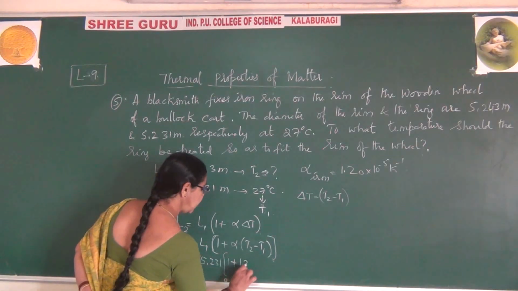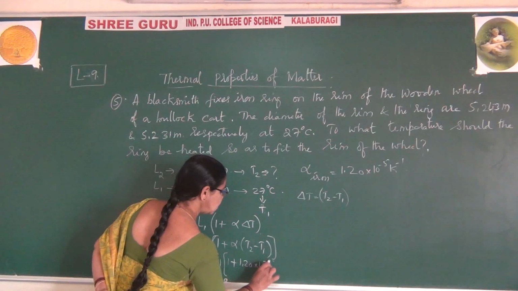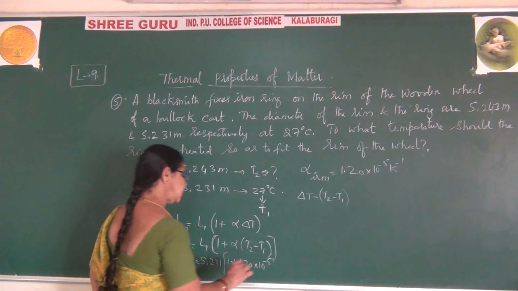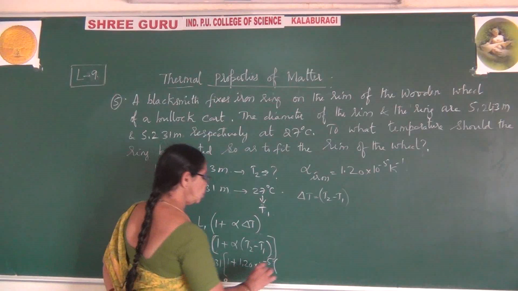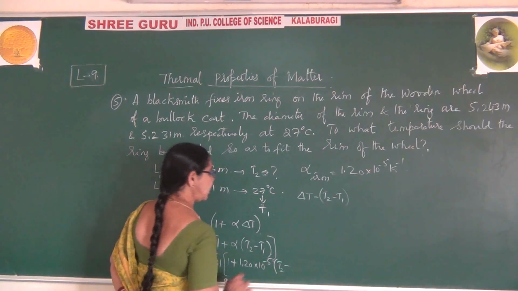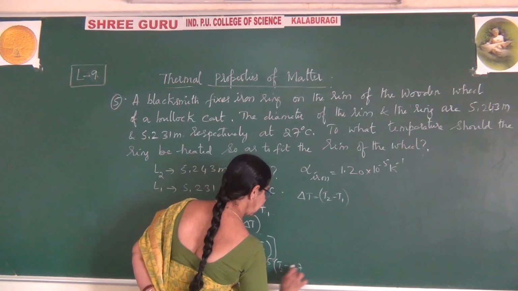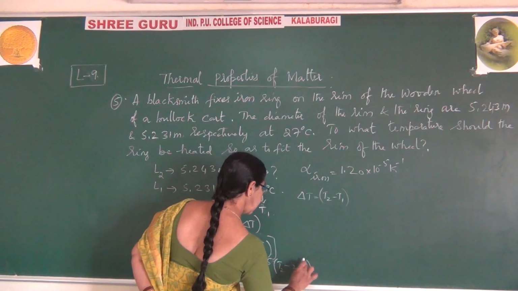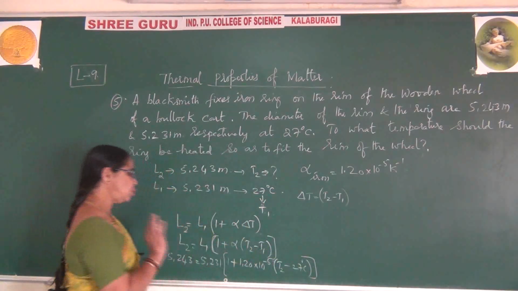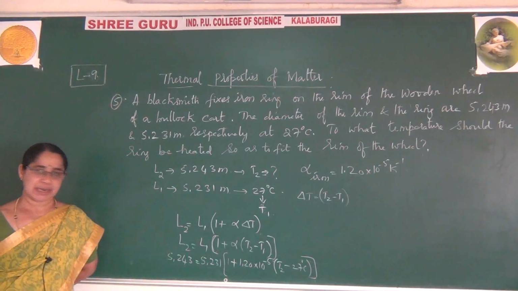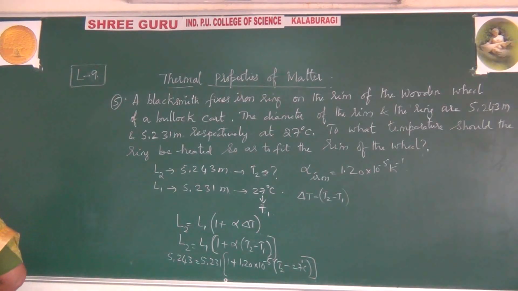Alpha is 1.20 into 10 raised to minus 5, and this is T2, which you do not know, minus T1. T1 is 27 degree centigrade. Okay, these are the values I have substituted. Now by equating these values, finally you get.